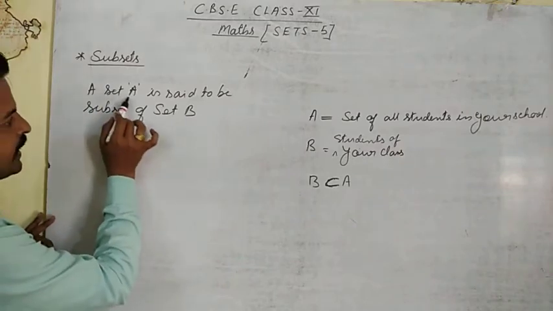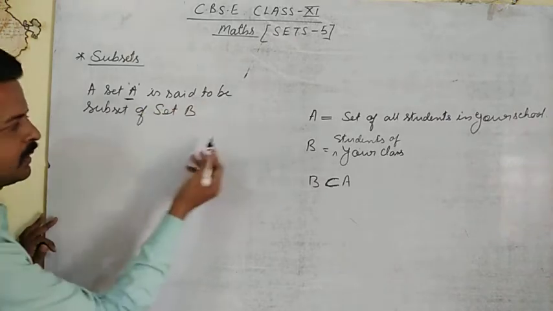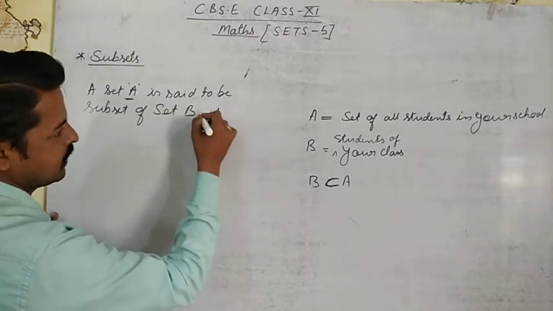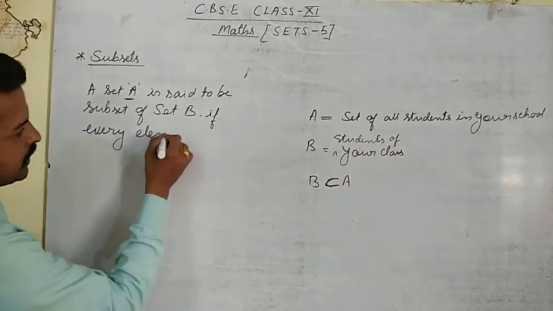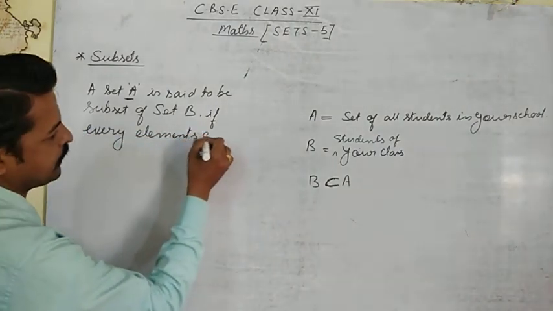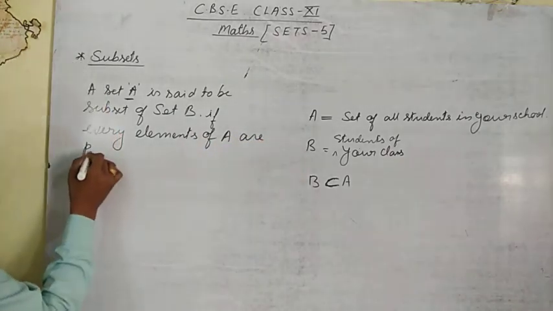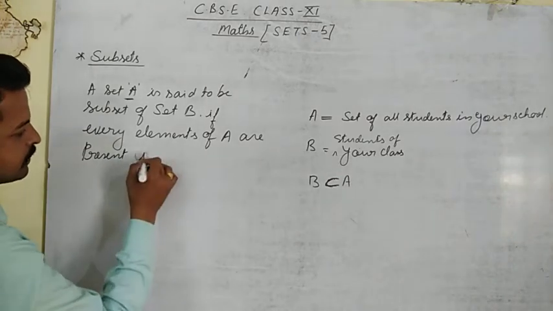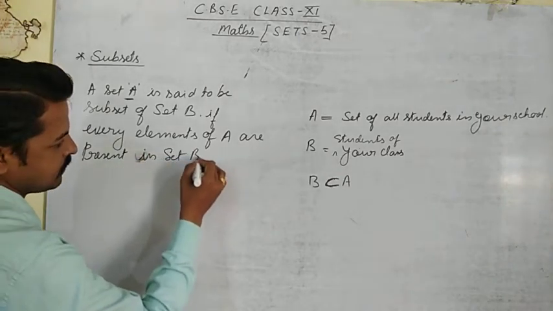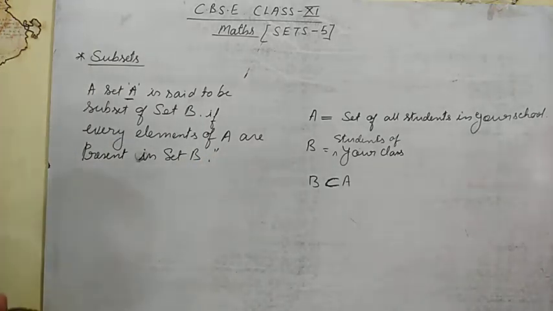I'm saying a set A is said to be a subset of B if every element of A is present in set B. Then A is a subset of B.